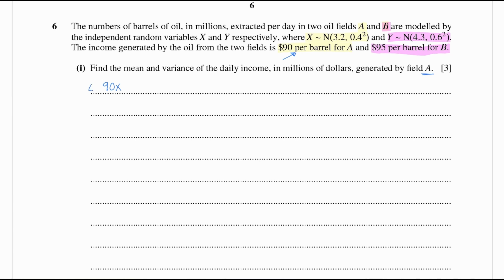So what we'll do is we'll find the mean of that, and so that should be the 3.2, which is the number of barrels of oil, millions, extracted per day, the average, 3.2 million, and then each barrel of oil is $90. So therefore, the mean daily income is going to be 288 million mean income.